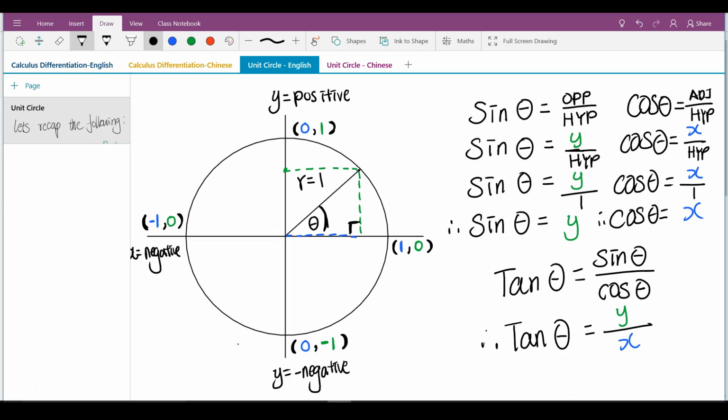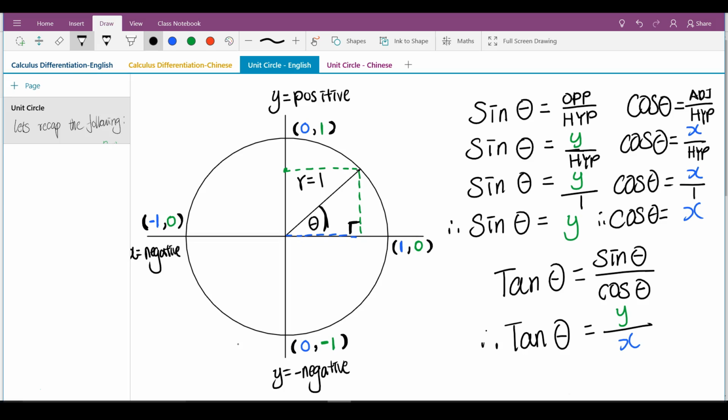We start at the 3 o'clock position. So at angle 0, we're talking about this particular point, which has 1 as the x coordinate and 0 as the y coordinate.